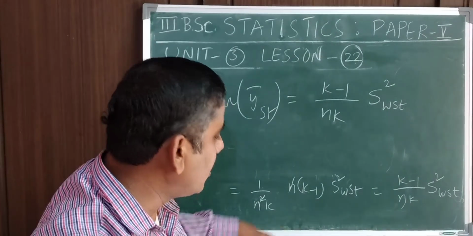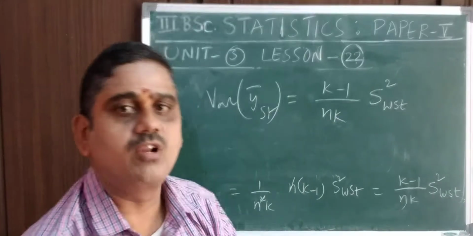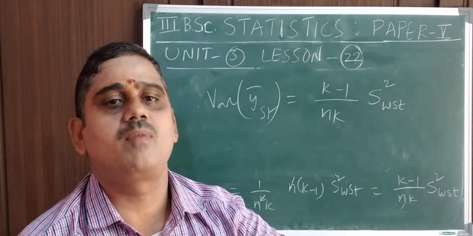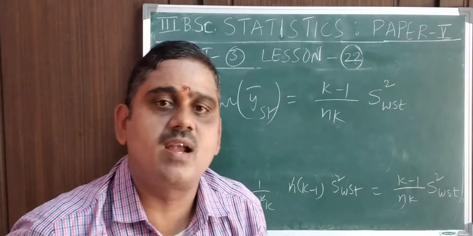So these are the formulas and relations we have discussed for stratified random sampling in view of systematic sampling.